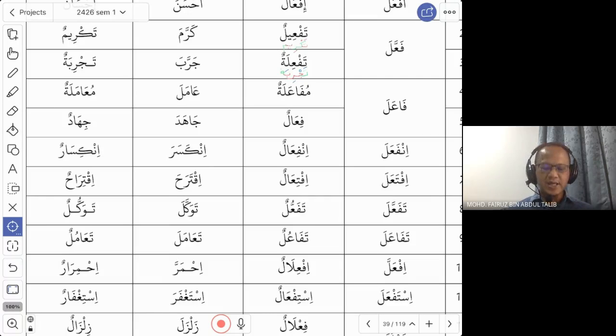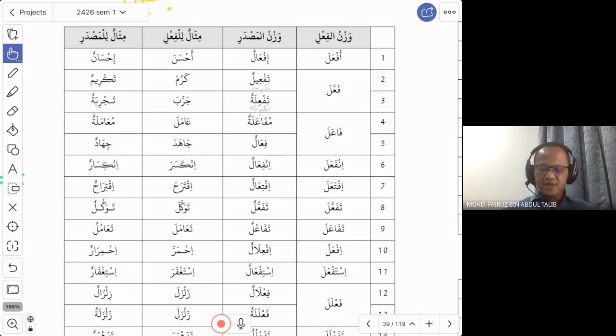Yan kasirul bab, the door is broken. In kisar, the breaking of the door, the condition of the door. We say in kisarul bab. Who causes it? You will explain later. So this is the masdar. There is only one masdar for the fi'il in fa'ala.